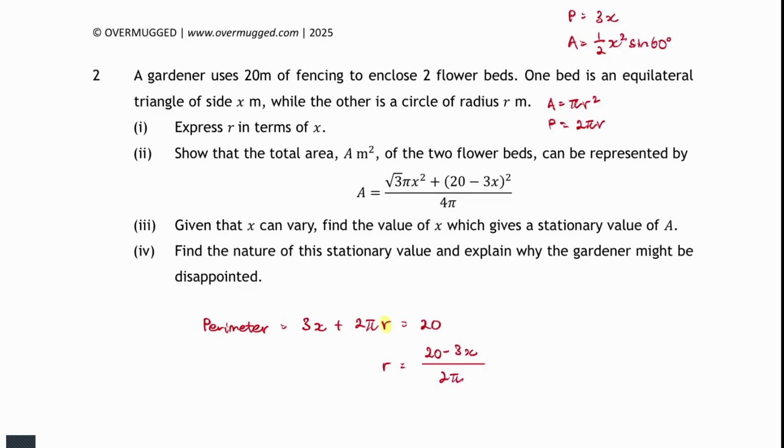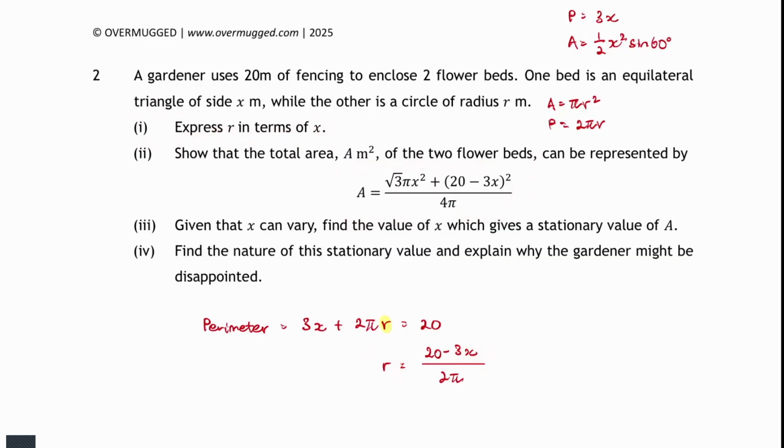Okay. Why does the question want me to do this? This question is nice. They guided you to do this. But eventually, there's one thing I want you to recognize, which is sometimes the question won't guide you. All they will give you is the expression. So a higher level for this kind of question is you need to look at the expression and decipher which variable, either r or x, do I need to keep, which variable I want to sub away.